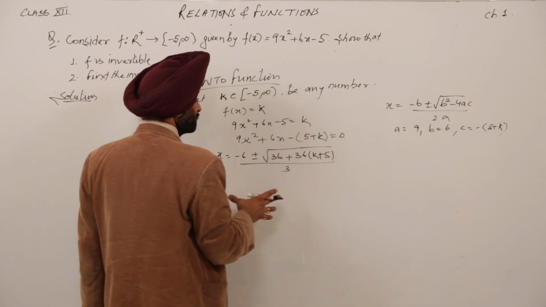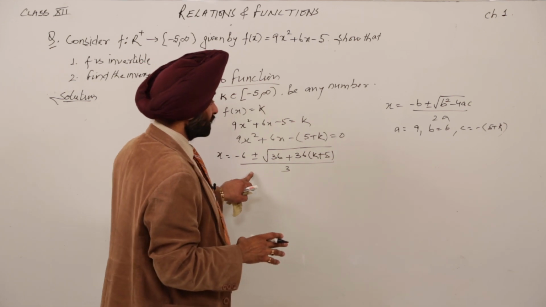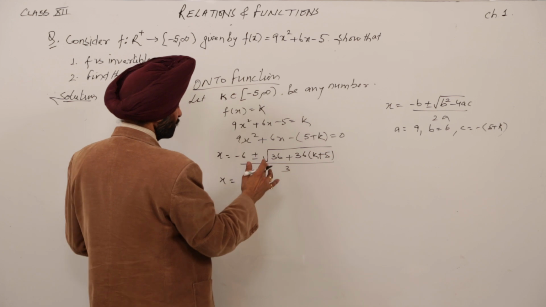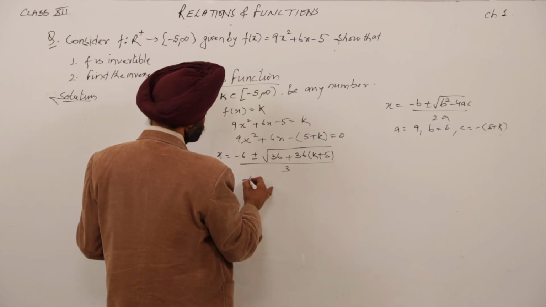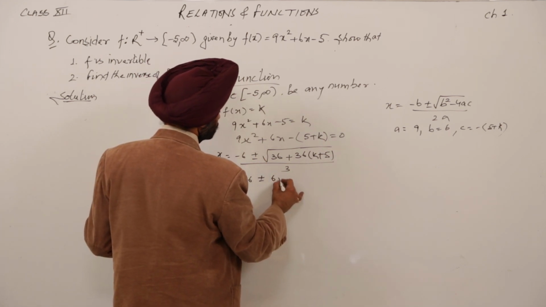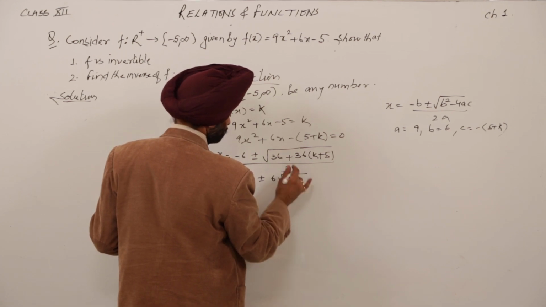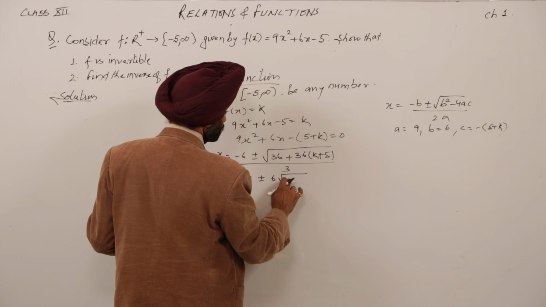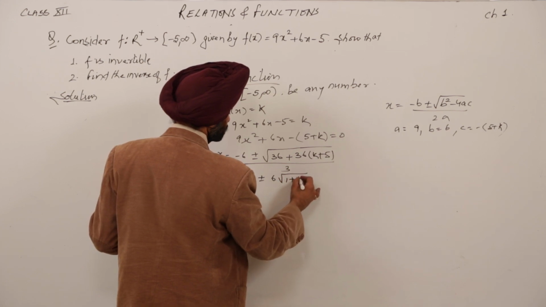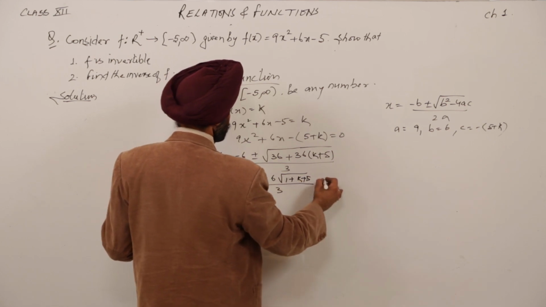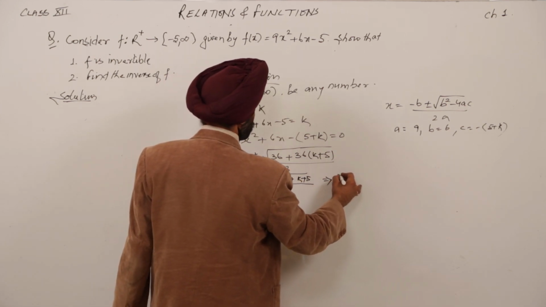Basically this is the quadratic formula which I have used, and now x is equal to minus 6 plus minus 6 under the root 1 plus k plus 5 upon 3.